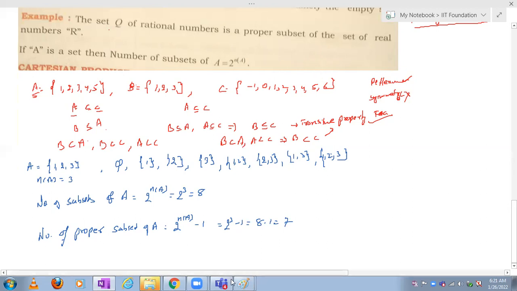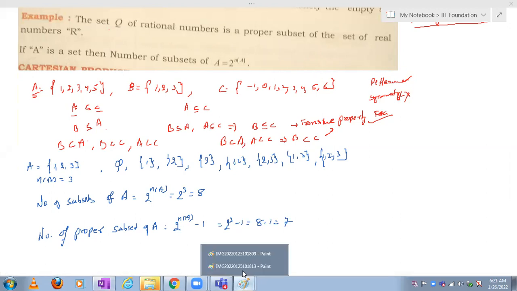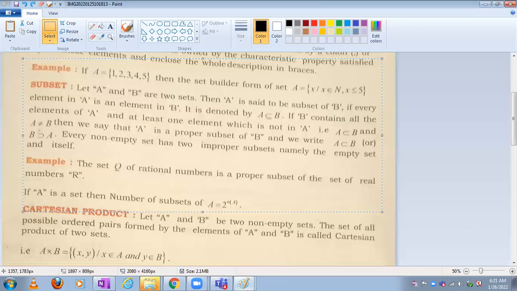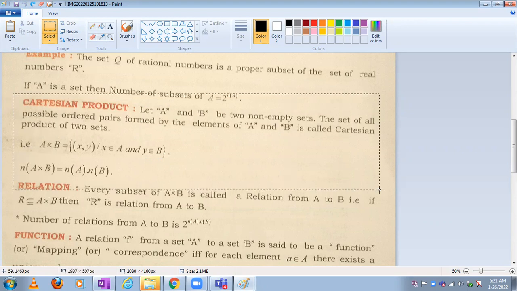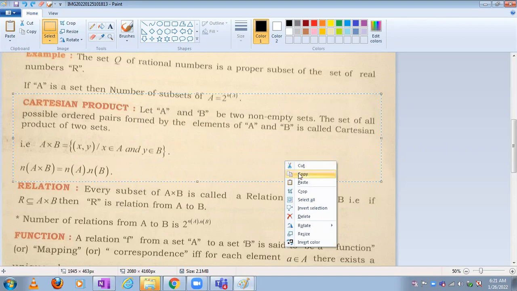Next comes the Cartesian product of a set. Cartesian product means two sets are there. Operations we will see from here onward. So there is union of set, intersection of set. This is not required for our functions. So set means what? That much definition is required. Then after we have to go through Cartesian product.